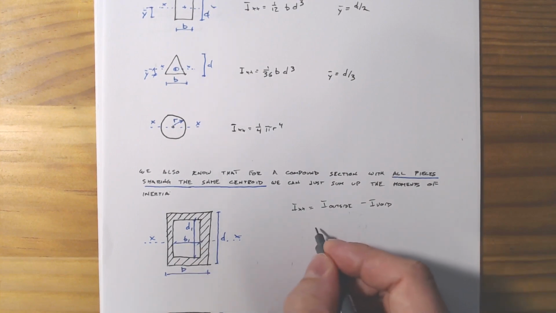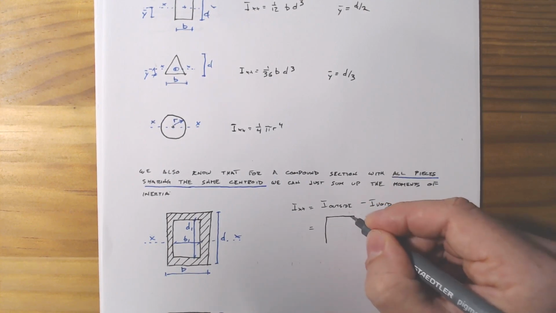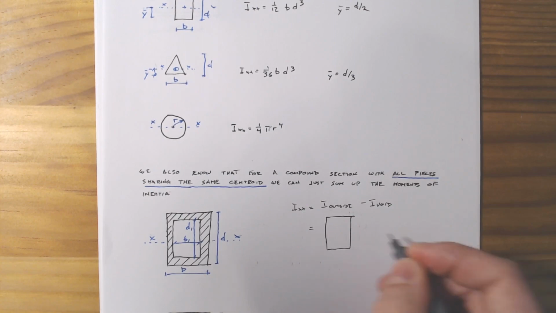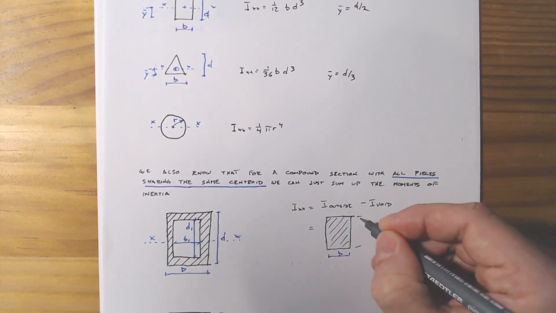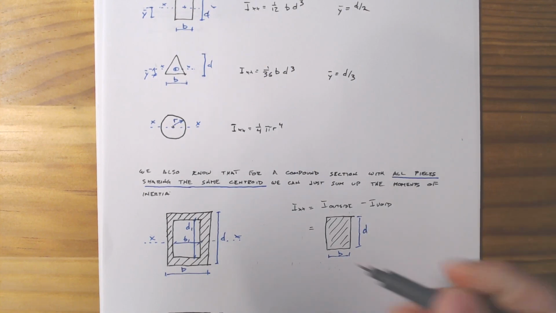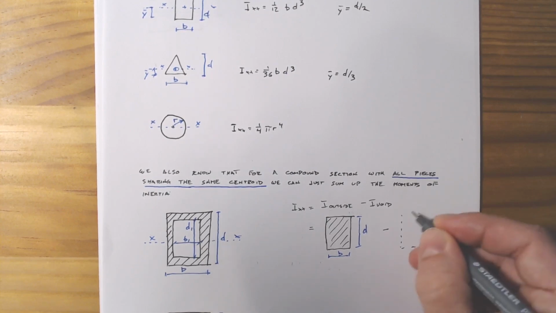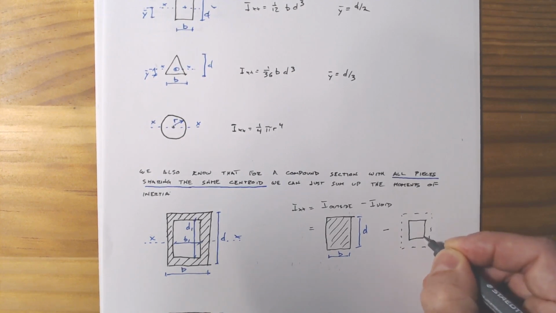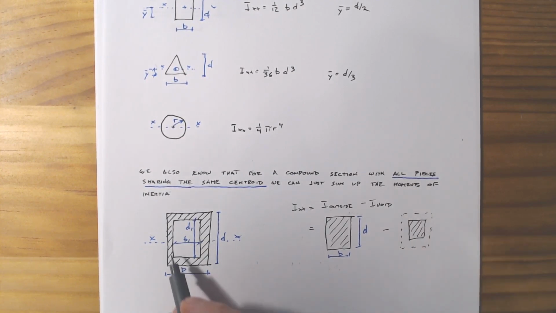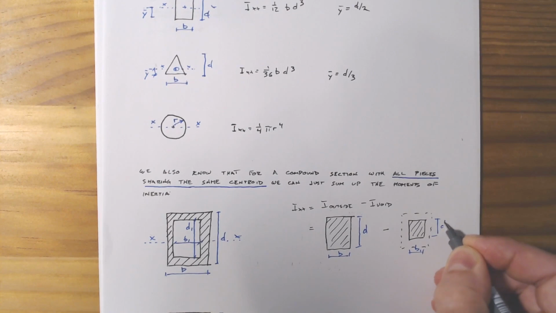If we drew this as a picture, that would effectively be some total width out here that has some width b and some depth d, and we're going to subtract out the middle, where if that is our exterior, we're going to subtract out this middle that has some width b1 and some depth d1.